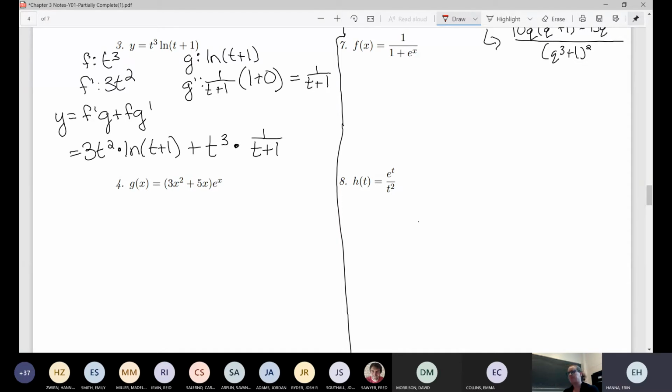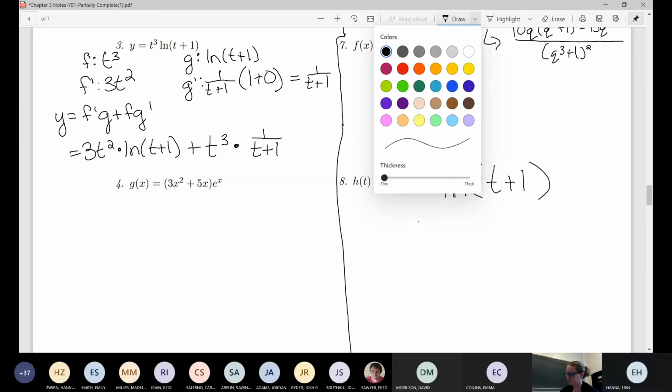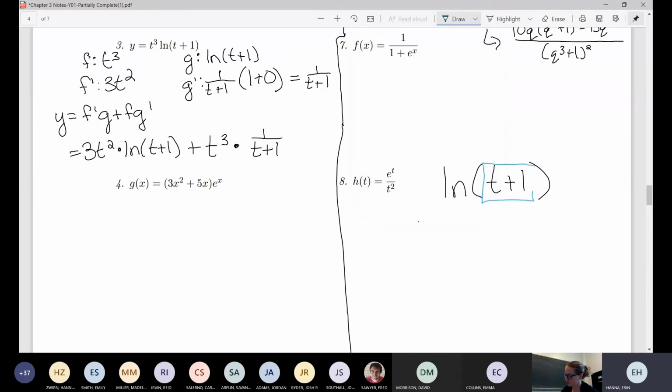Right, Savannah. We had the natural log of t plus 1. So, way back when we had an original derivative rule for the natural log of x that told us that it was 1 over x.